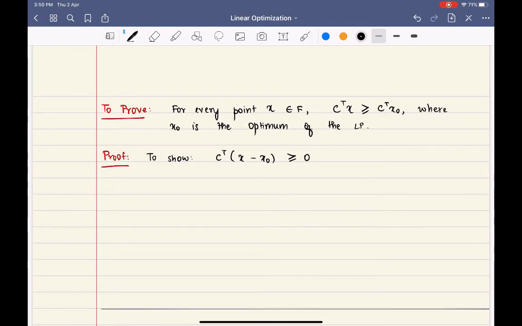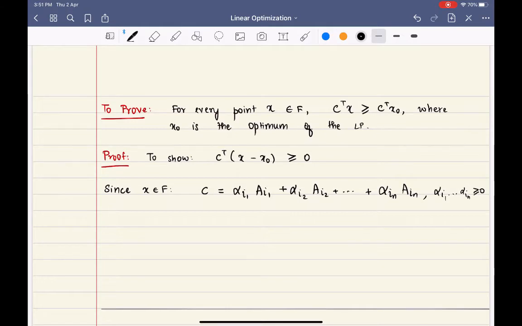Okay, so firstly, since X is in F, we can write C as some alpha i1 a i1 plus alpha i2 a i2 and so on, where a i1 till a in are the defining vectors of X, and alpha i1 till alpha in are bigger than or equal to 0.